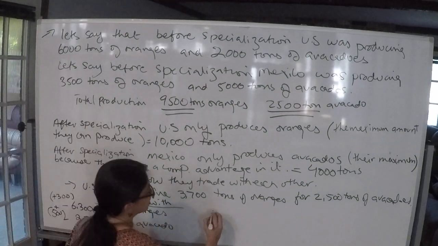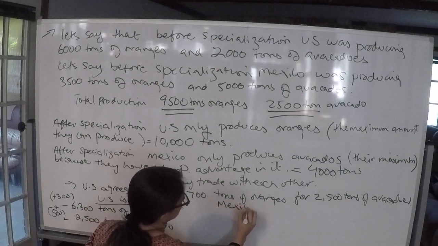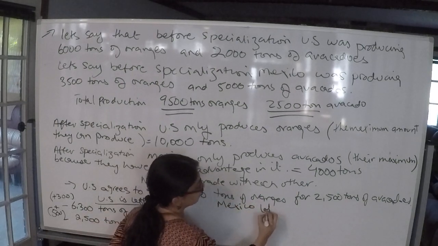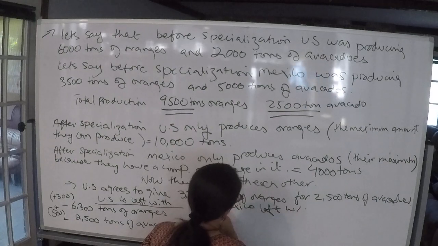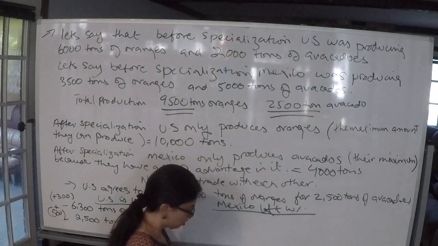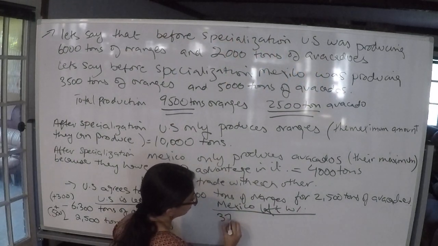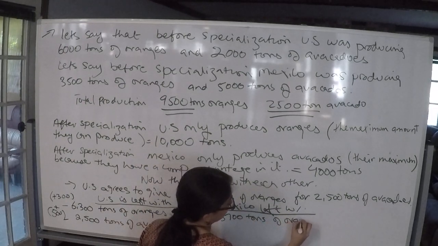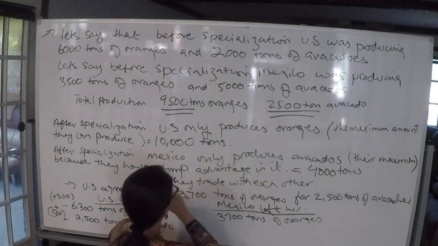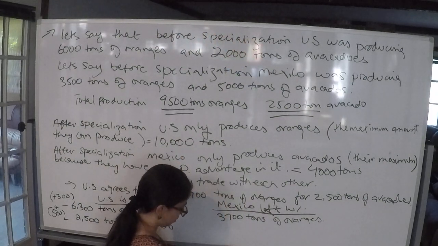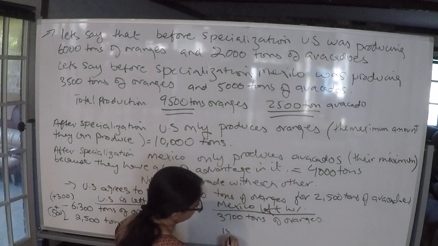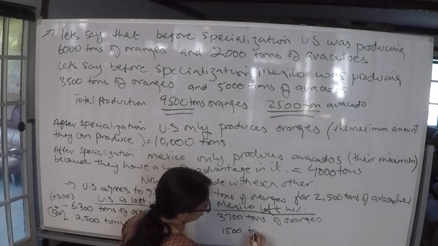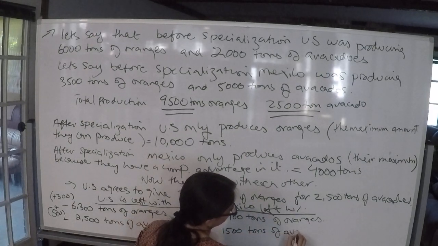What about Mexico? Let's see what's Mexico left with. Mexico is left with 3,700 tons of oranges, the ones they got from US, and they are left with 1,500 tons of avocado.